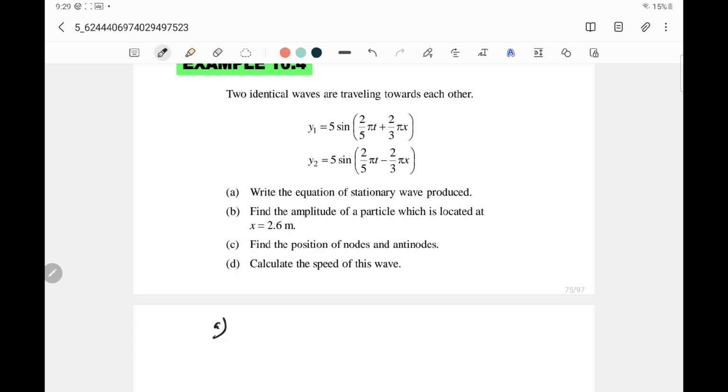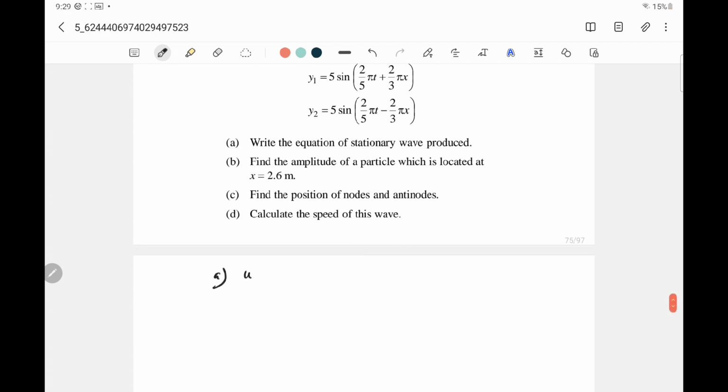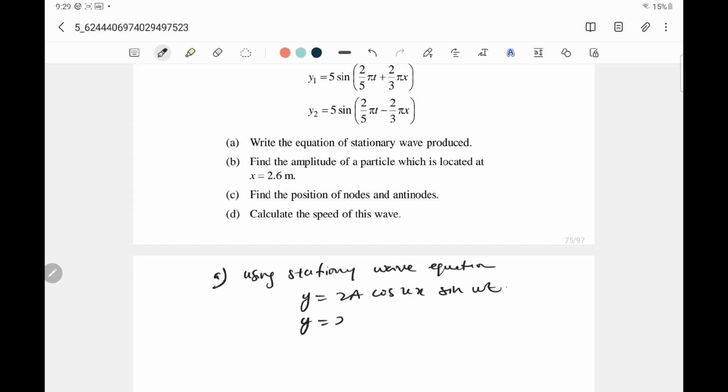Okay, so using the stationary wave equation, we have y equal to 2a cos kx sine omega t. So y equal to 2, a is 5, cos 2/3 pi x sine 2/5 pi t.